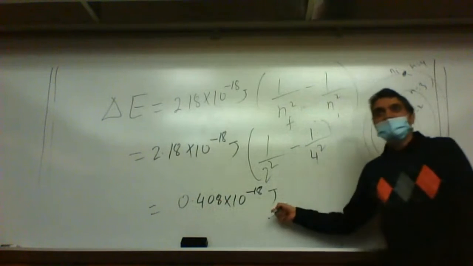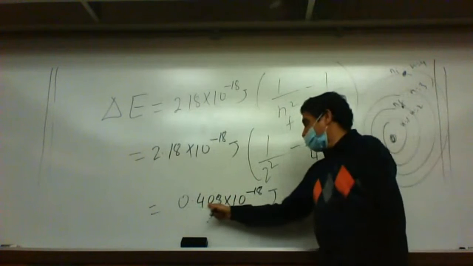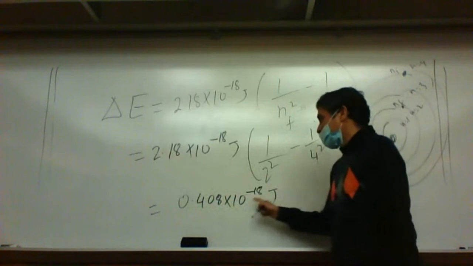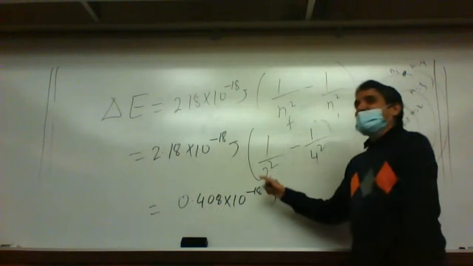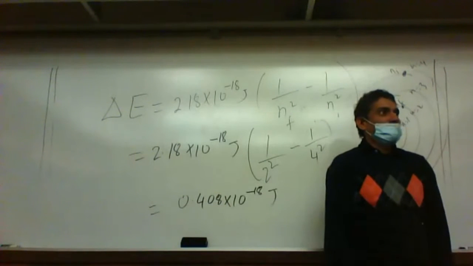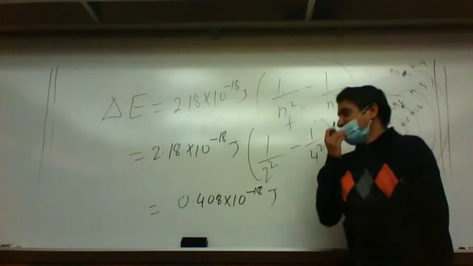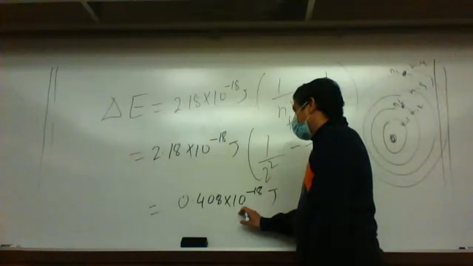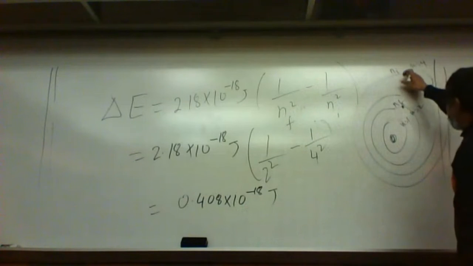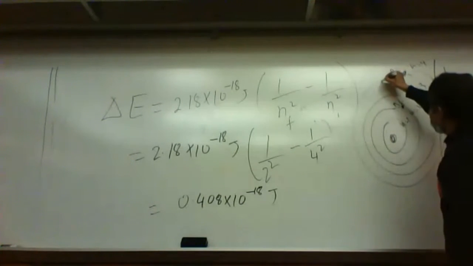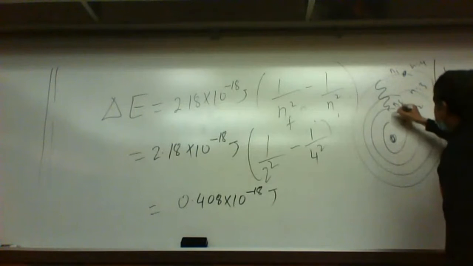So 0.408 times 10 to the power minus 18 or 4.08 times 10 to the power minus 19 is the same thing. Good. That much is the energy released if the electron jumps from 4 to 2.